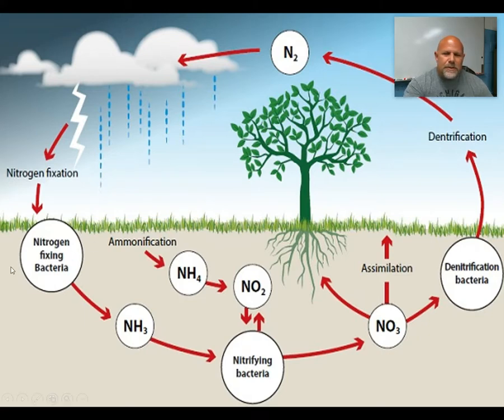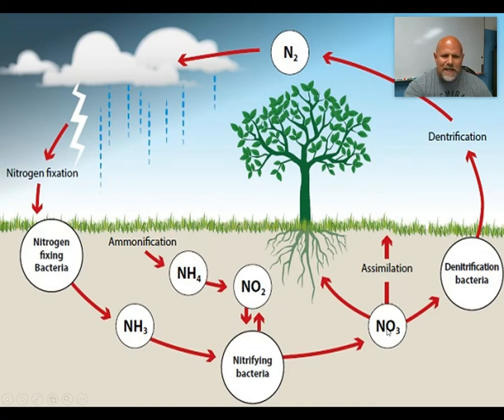As those dissolve, ammonia gets released, and ammonia gets into the soil and gets converted by nitrifying bacteria into NO3. That is then a usable source for plants. So those are the ways nitrogen gets into the soil.